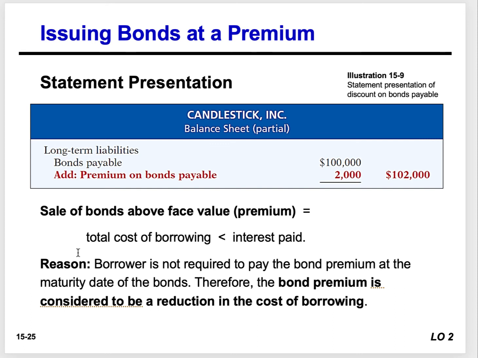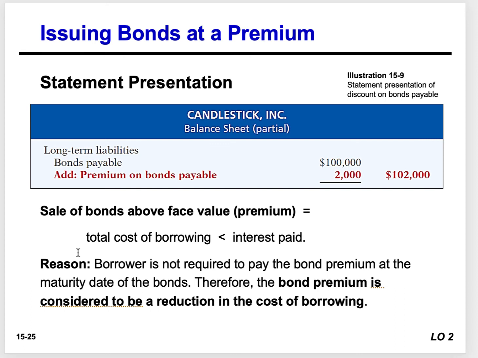Now, if we sell a bond at a premium, the total cost of borrowing is going to be less than the interest paid. How does that work? The reason is because borrowers are not required to pay the bond premium at the maturity date.